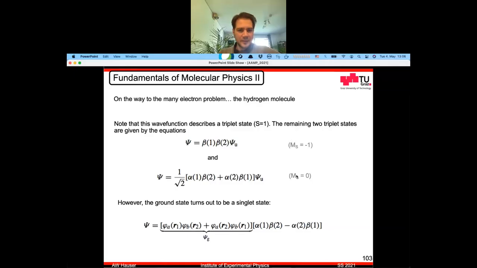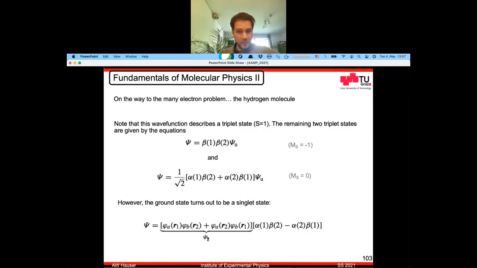And the ground state is a singlet state, which is written here on this slide 103 at the bottom. You can see here in the singlet state we have our antisymmetry generated by an antisymmetry in the spin and a symmetric spatial part.